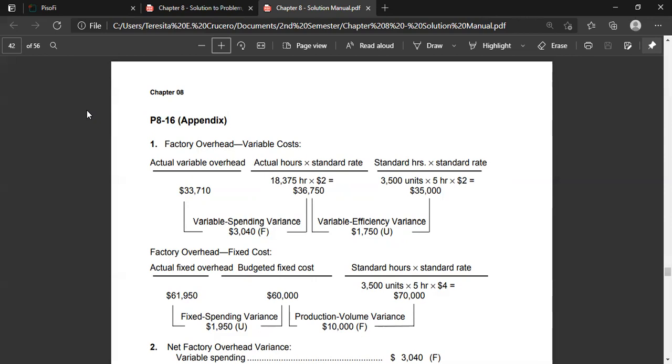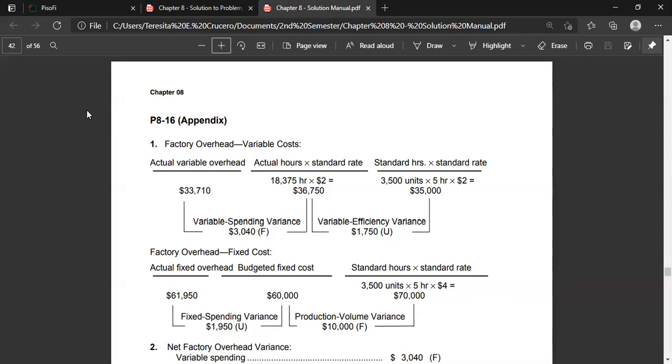We multiply that by the standard rate of 2. So variable cost, 5 hours at $2 per hour. So we now get 36,750. So if we compare 36,750 with 33,710, there's a difference of 3,040. That's the variable spending.